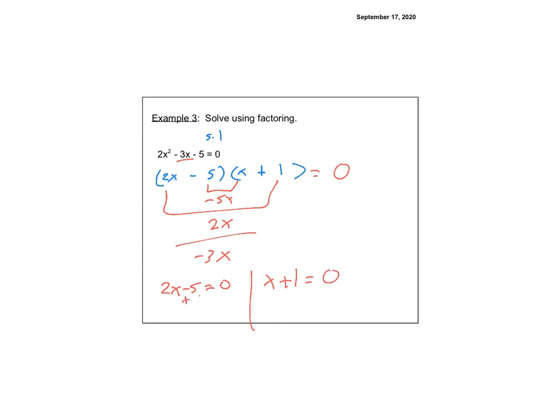So over here I'm going to add 5, then divide by 2, and I get x equals 5 halves. Over here I'm going to subtract 1, and I get x equals negative 1. So we have solved by factoring, did a review on that. We have reviewed solving using the quadratic formula. You learned a new one here today, and it was solving by using completing the square, and we derived the quadratic formula.